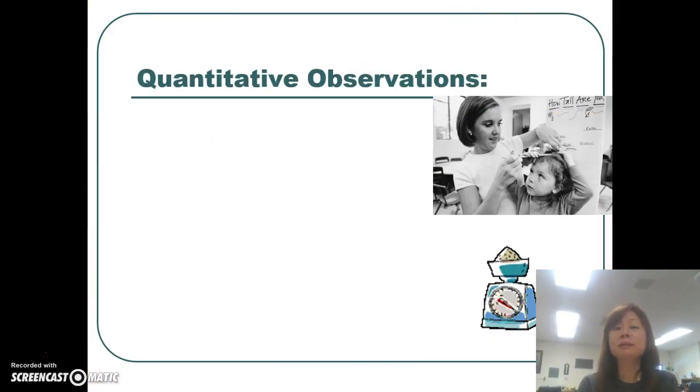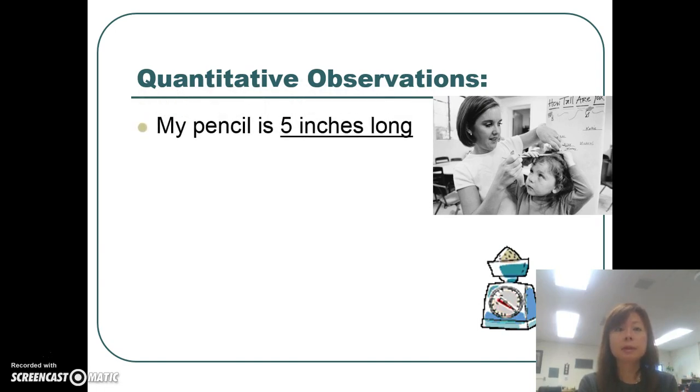Okay, I want to go over some more examples of observations, starting with quantitative observations. Remember, think of the word quantity. In Spanish, cuantos. It has to do with numbers. So if you took a ruler and you measured your pencil and found out, hey, my pencil is 5 inches long, that would be a quantitative observation.